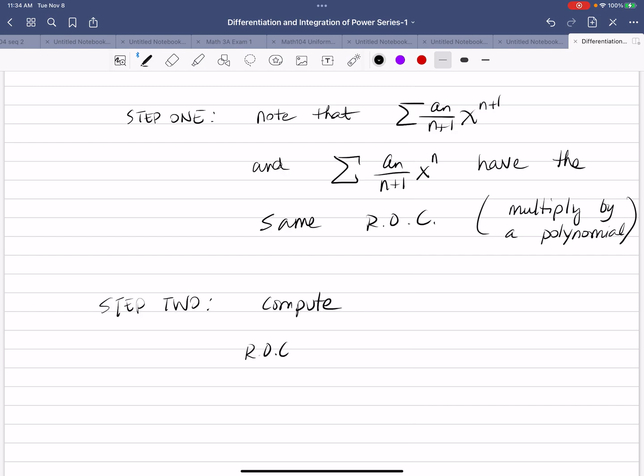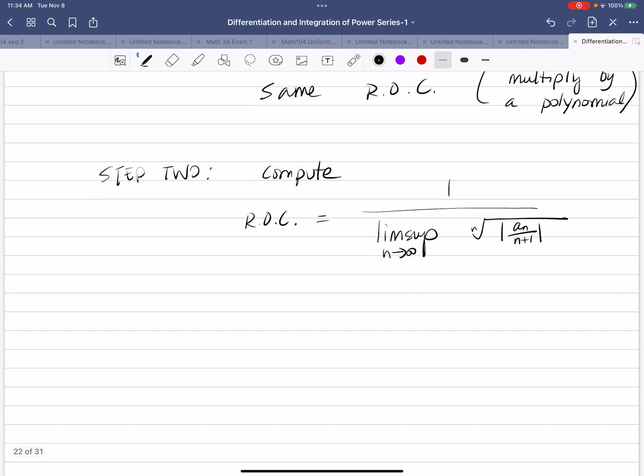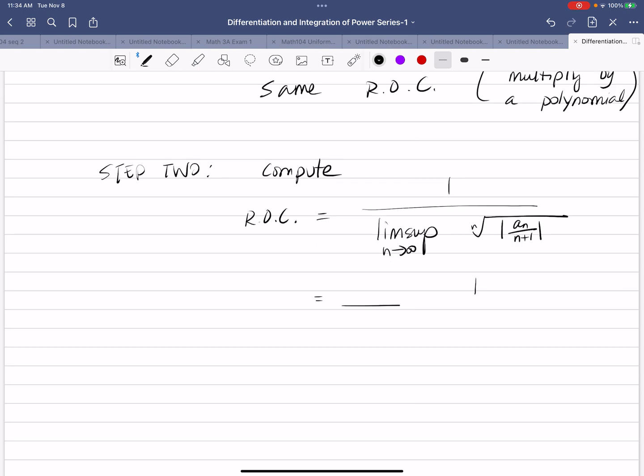the radius of convergence equal to 1 over lim sup. And now I need the nth root of the absolute value of a sub n over n plus 1. So it's going to be 1 over lim sup, n goes to infinity, nth root of the absolute value of a sub n times the nth root of 1 over n plus 1.